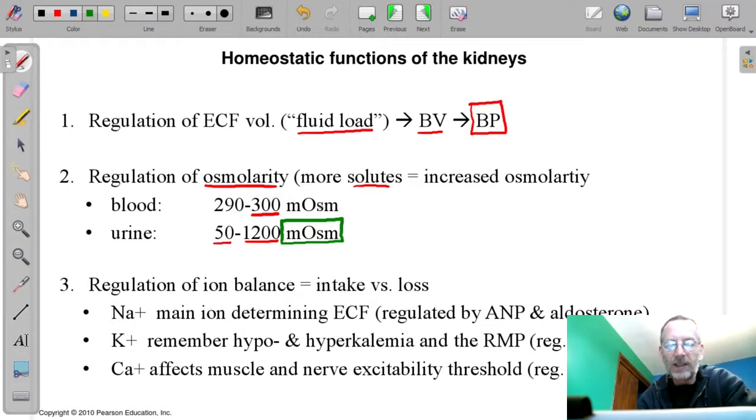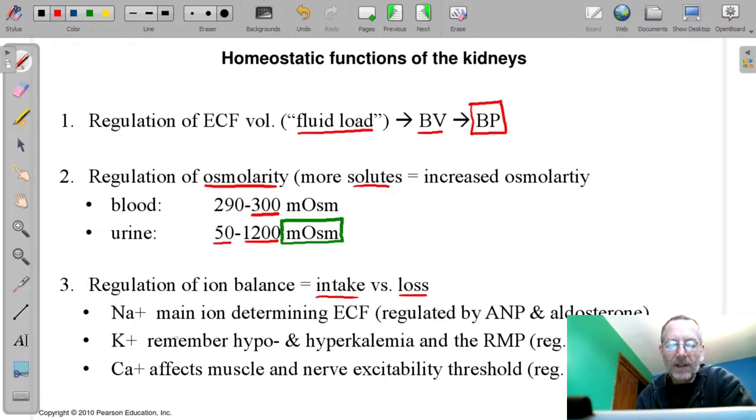A third function is regulation of ion balance. And basically what the kidneys are doing is balancing intake versus loss. You're always losing water and ions from the body, so if you're going to maintain balance, the intake is essentially equal to the loss.